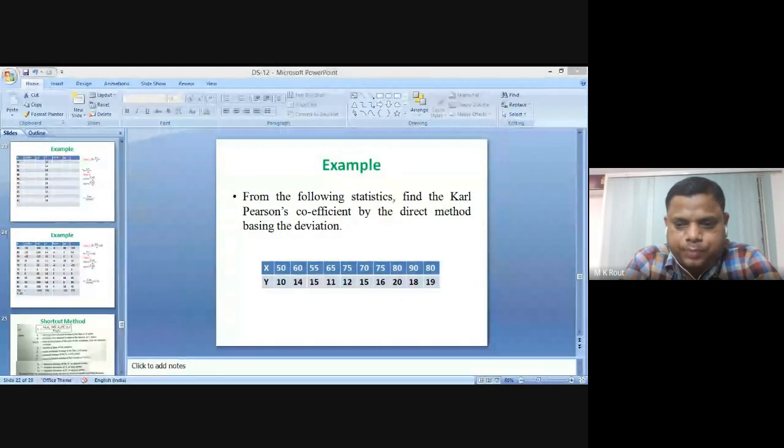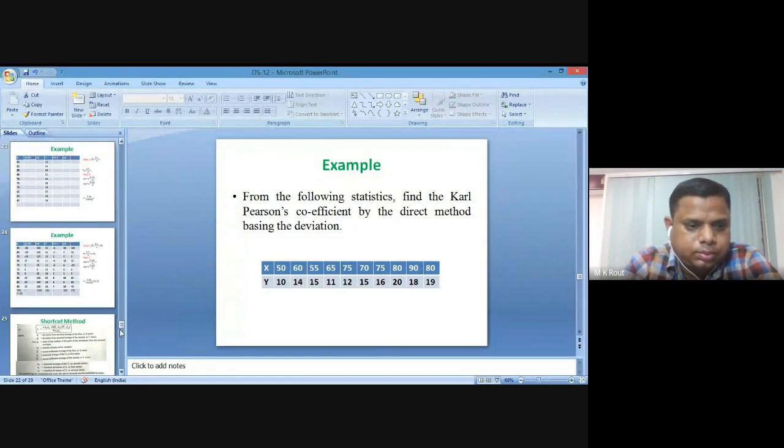In case of correlation, what is the value of correlation? Final answer. Anyone?